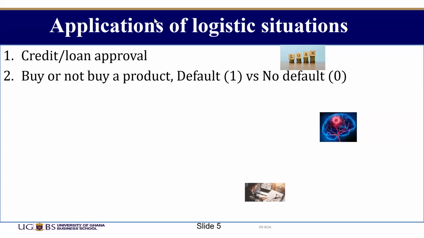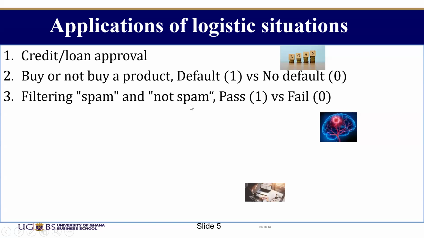Then there is the situation I'll be dealing with today: filtering spam, pass or fail. For example, somebody sends you an email. How is your email filter able to know that this is spam and move it to the spam folder, and that this one is not spam and not move it?